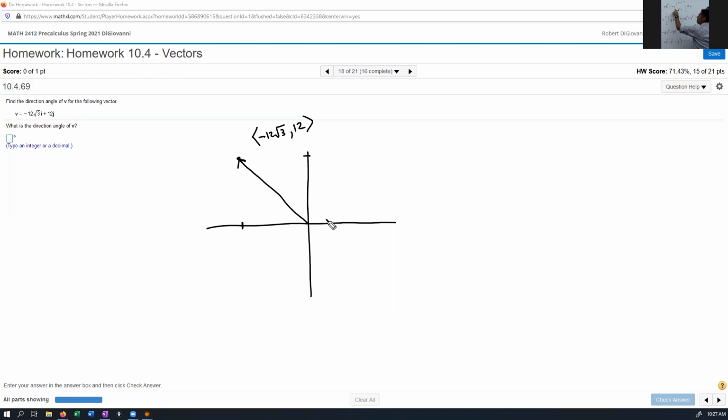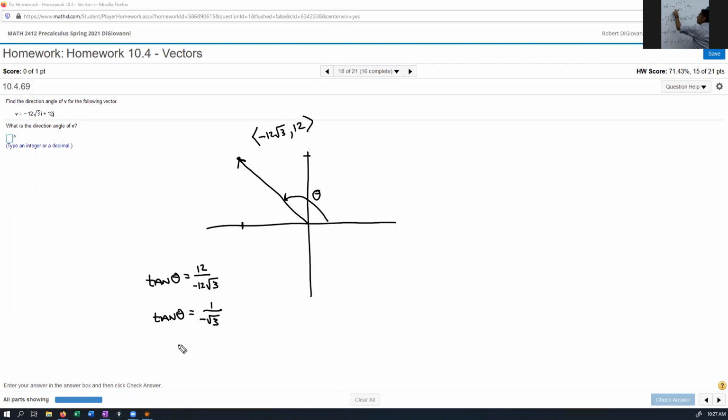So if we're trying to find this angle here, what we can do is, again, use the fact that tangent of theta must be the y coordinate over the x coordinate. And that means tangent theta, I can cancel those 12s and just get 1 over negative root 3.